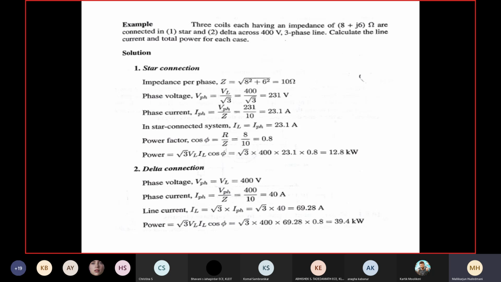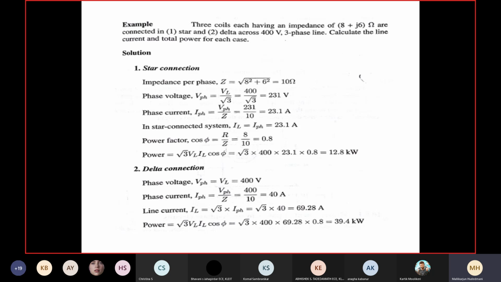When coils are connected in star, I know that phase voltage is line voltage divided by √3. Line current is the same as phase current. Power is √3 VL IL cos phi. This has to strike to my mind. Then impedance per phase is Z equal to root of 8 square plus 6 square, which is equal to 10 ohm.